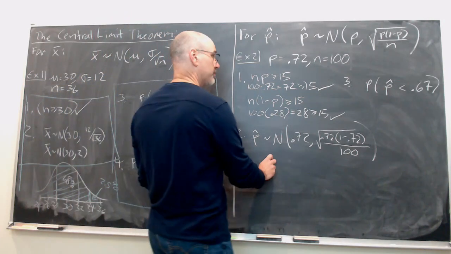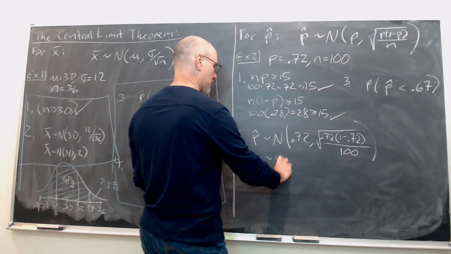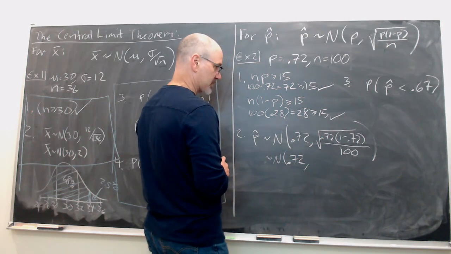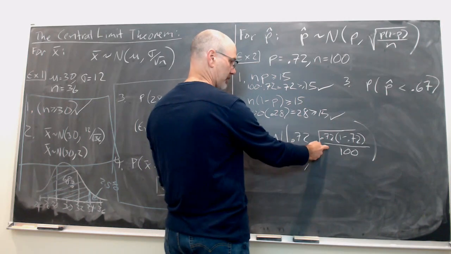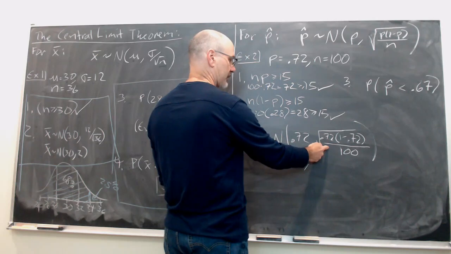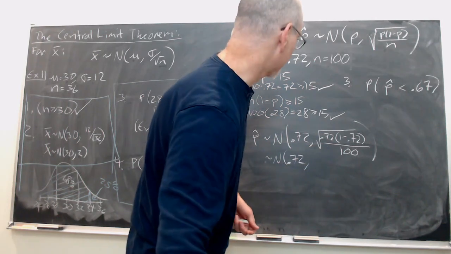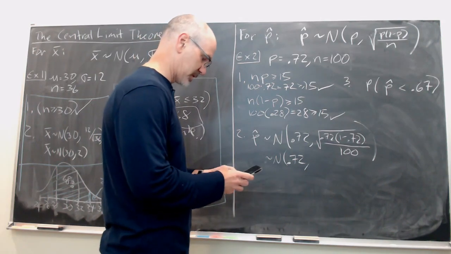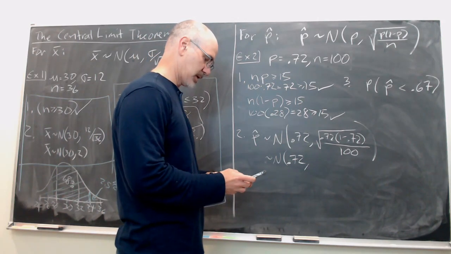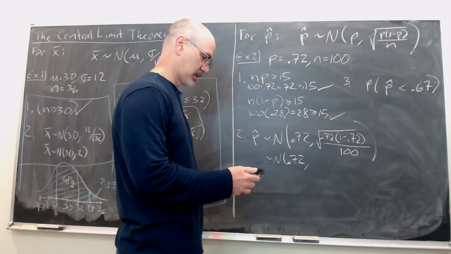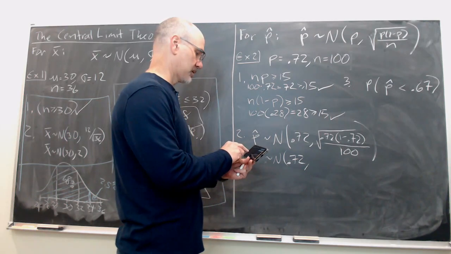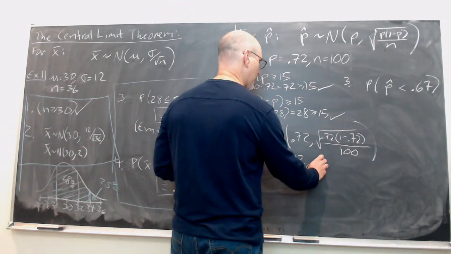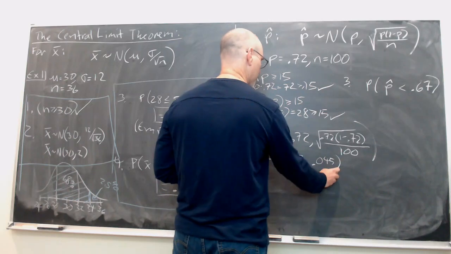Let me go ahead and complete this. So this is normal with mean 0.72. If you get out your calculator and calculate the square root here, I do 0.72 times 0.28 all divided by 100, and then take the square root of that. I get about 0.045.